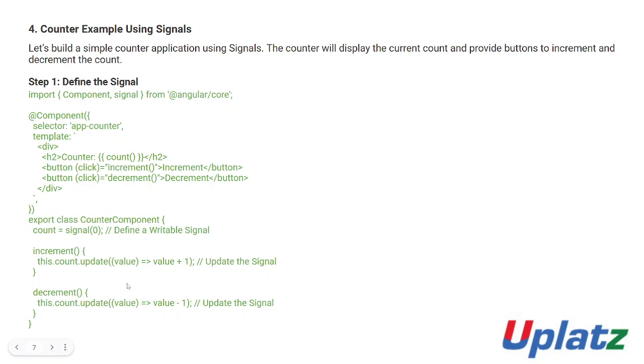Increment means update value plus 1, that updates the signal, and decrement updates the value minus 1, that also updates the signal.